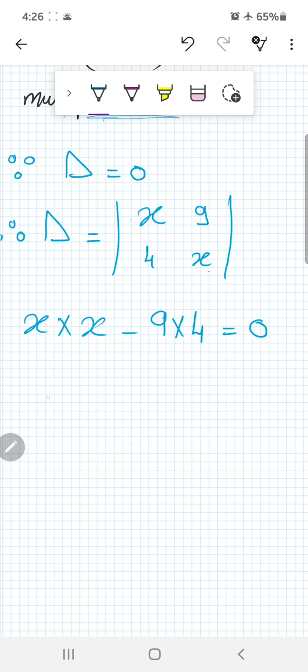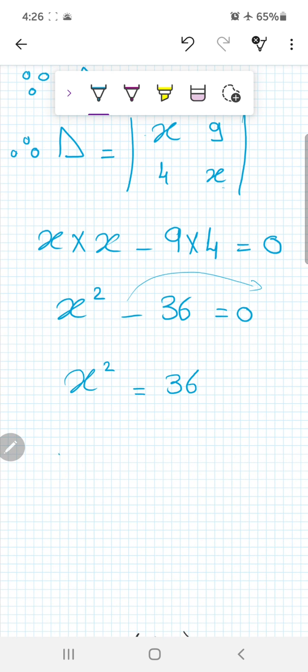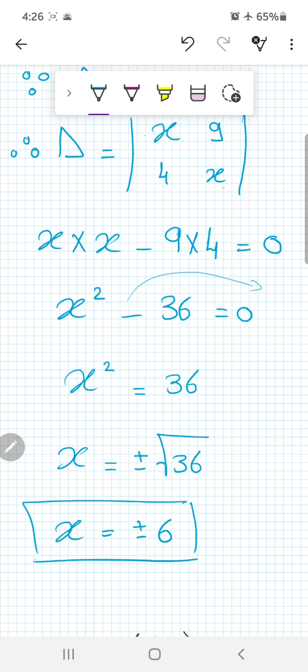X times x, it means x power 2, minus 9 times 4, 36, equals 0. Move 36 to the other side, so we have x power 2 equals 36. We want to get the value of x, so take the square root, and don't forget to write positive or negative square root. So we have here two values of x, which are positive 6 and negative 6.